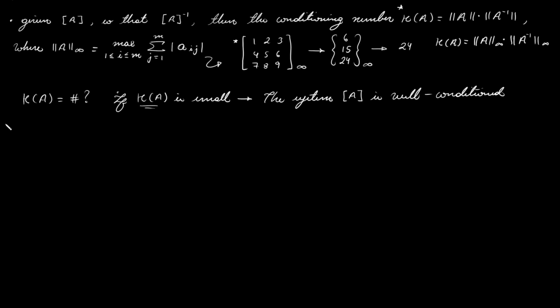I will say that with small residuals, you can say that a system is well conditioned, and in addition to that, I can say that small residuals will indicate an accurate solution.